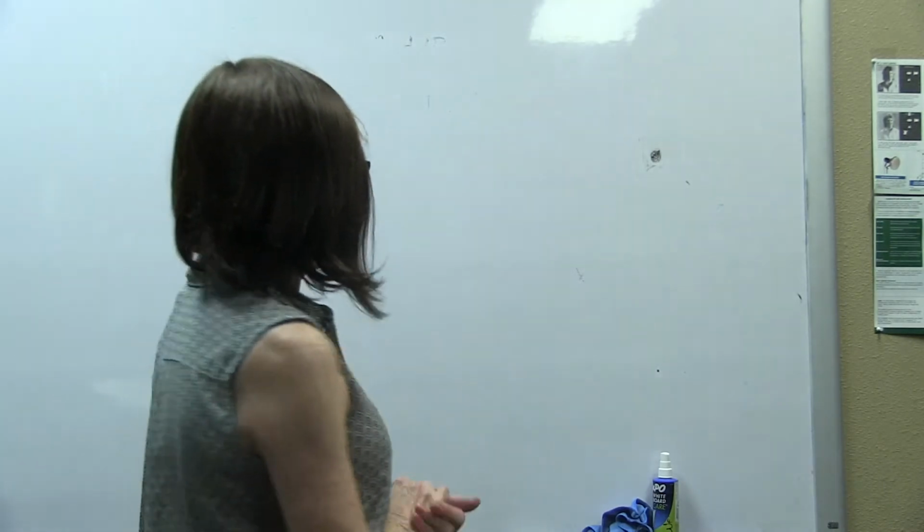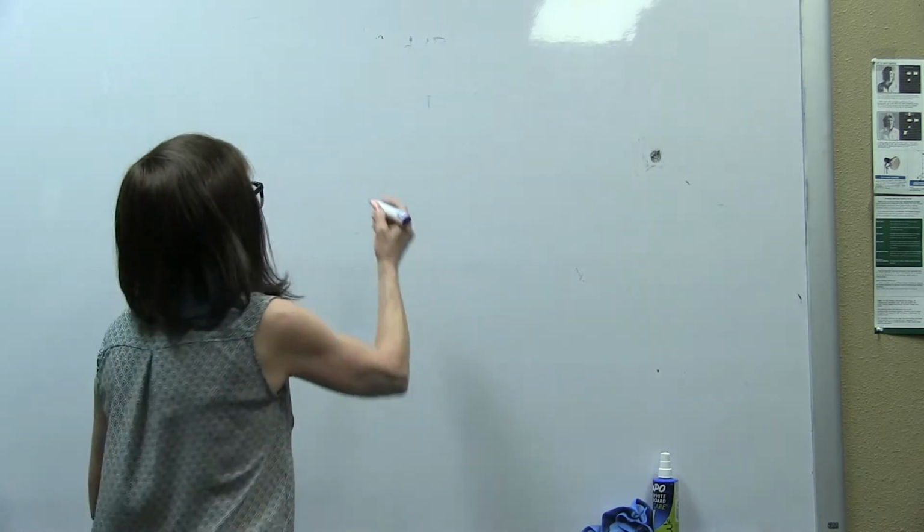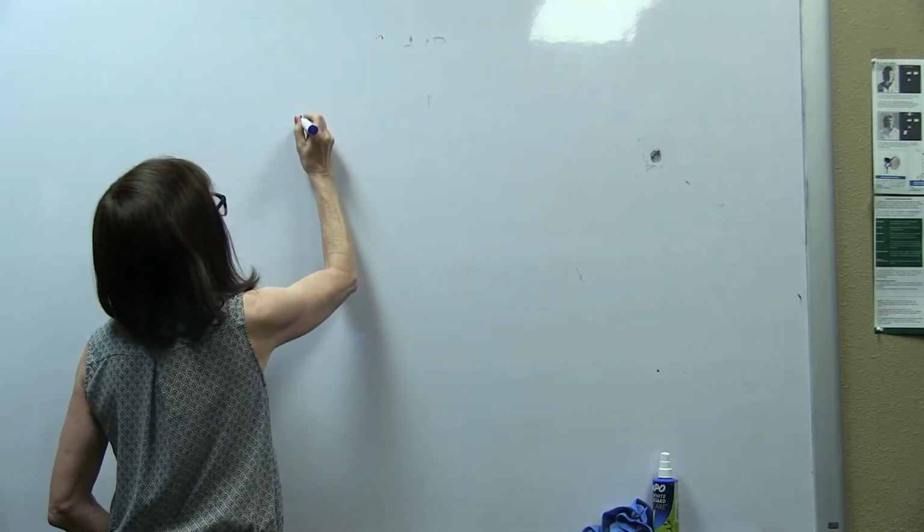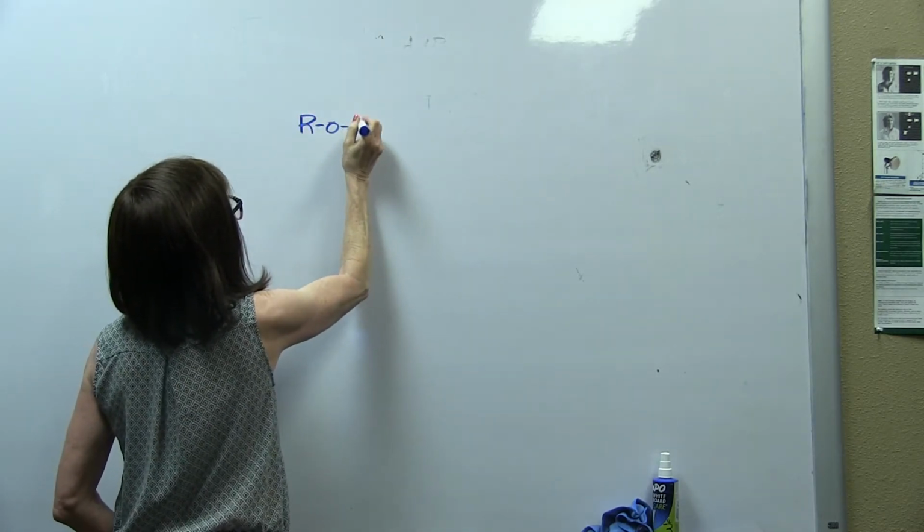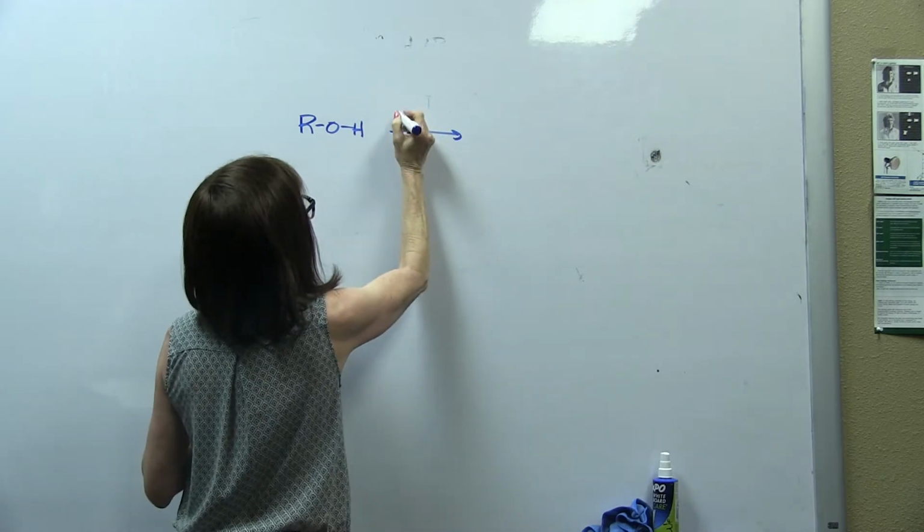Okay, so right now we have two protective groups that we know of for alcohols. We have silyl ethers.